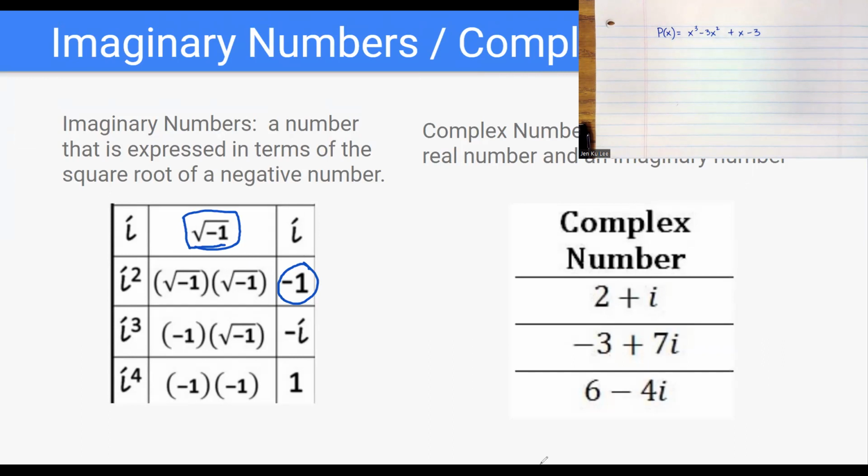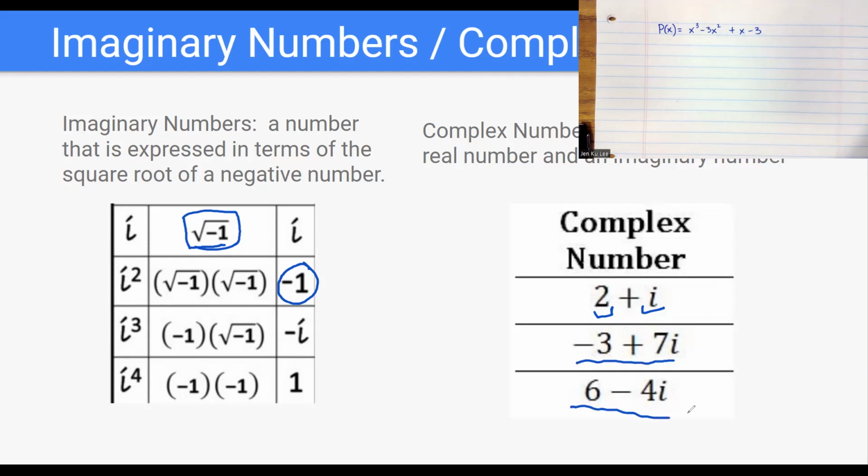And a complex number, class, is just a real number combined with an imaginary number. So in 2 plus i, the real part is the 2, and the imaginary part is the i, right? So 2 plus i is a complex number. -3 plus 7i is a complex number.